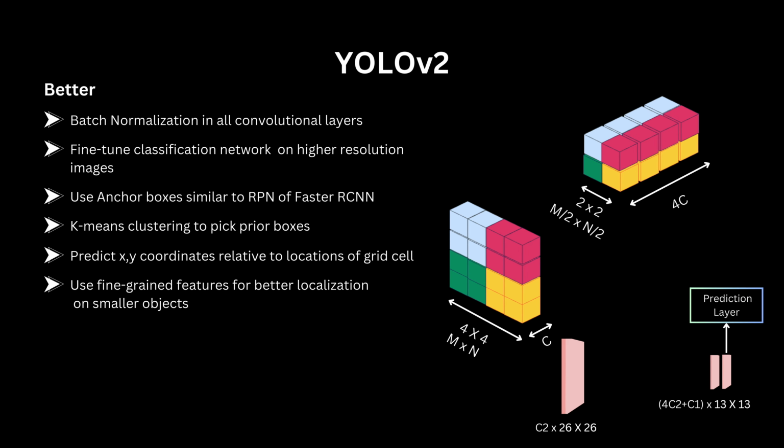So this is how the 26 x 26 feature map gets converted to 13 x 13 and then gets concatenated channel wise with the existing 13 x 13 feature map. Using this combined high resolution and low resolution features for prediction, we further get a 1% increase in mAP.